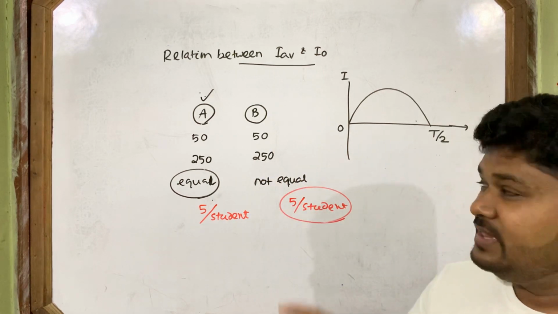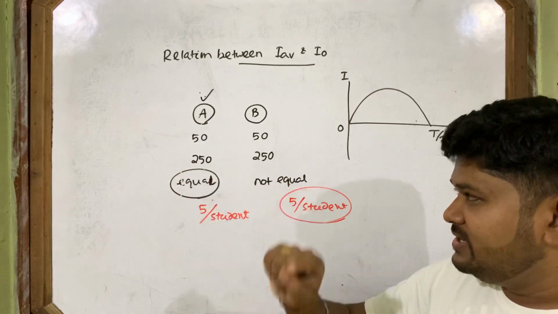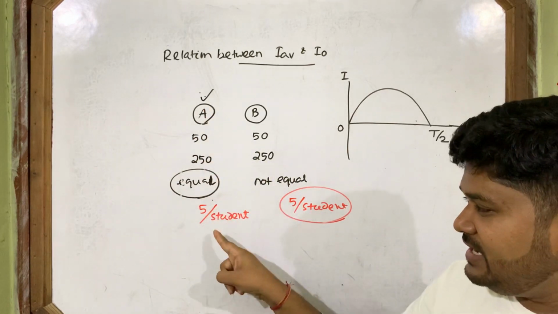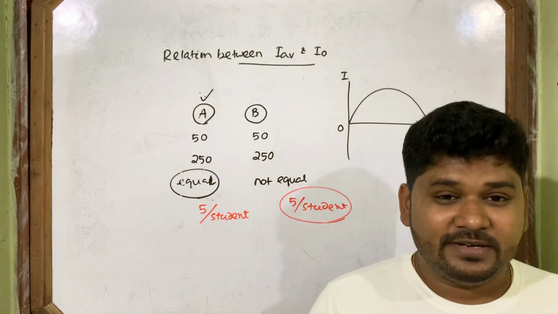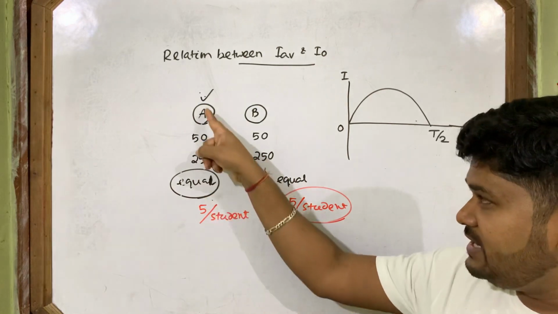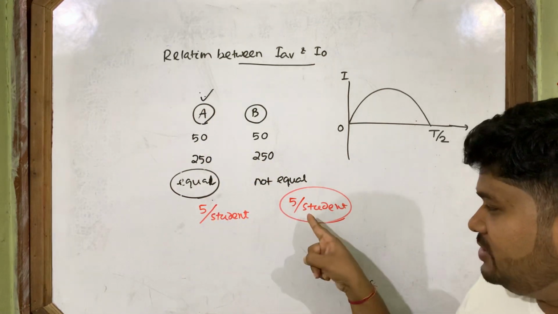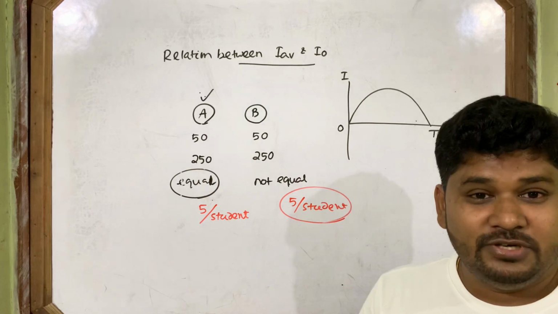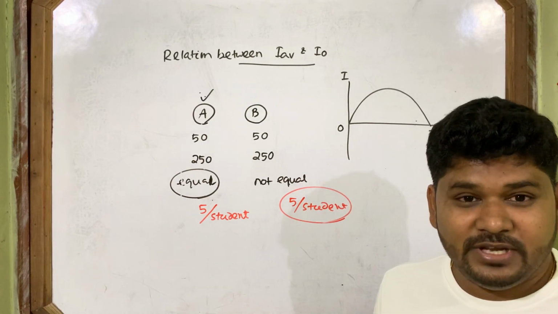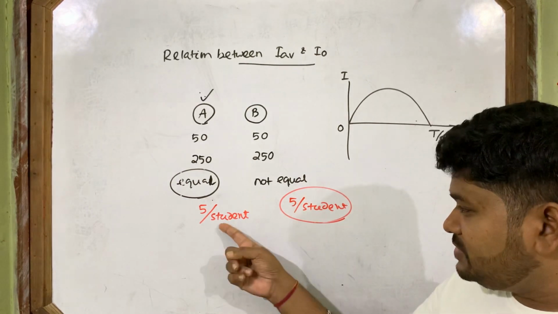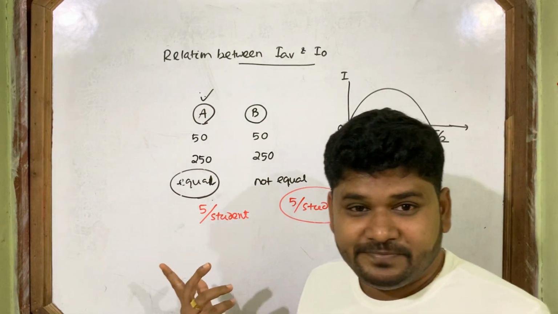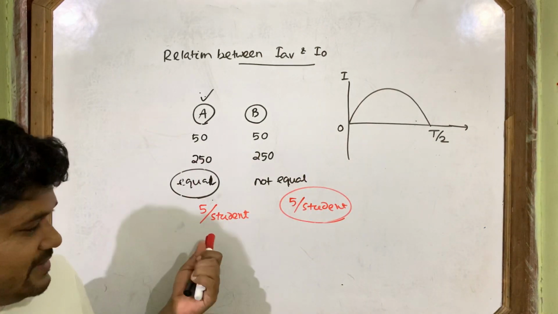Then he asked the class teacher of section A, and when he told 5 chocolates, he also told the same value without calculating anything. The values must be equal here.